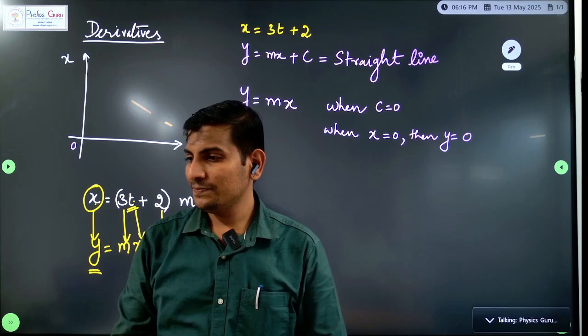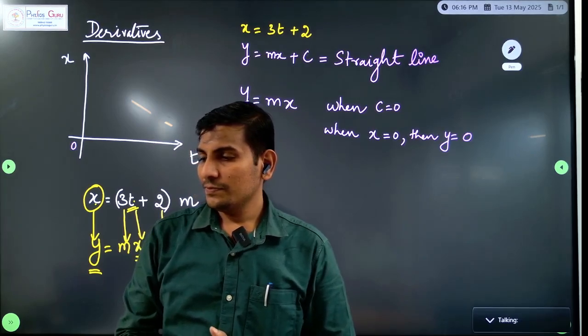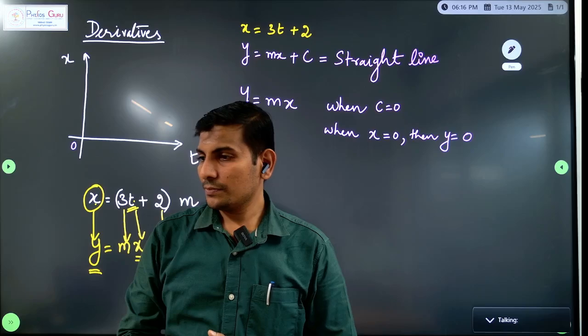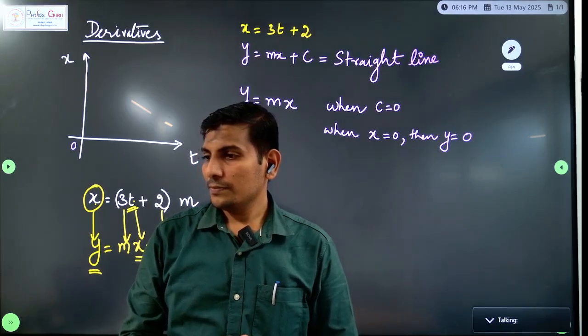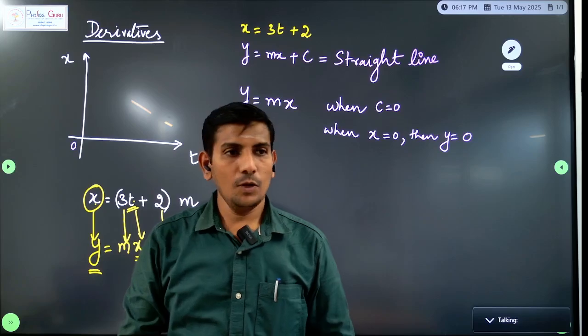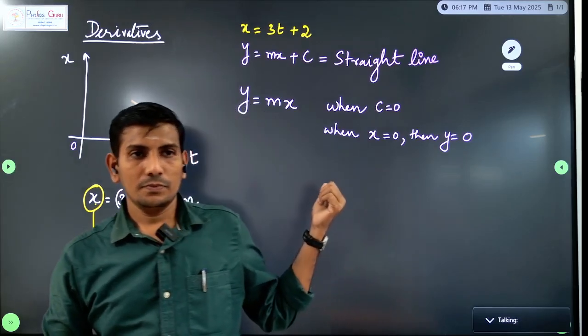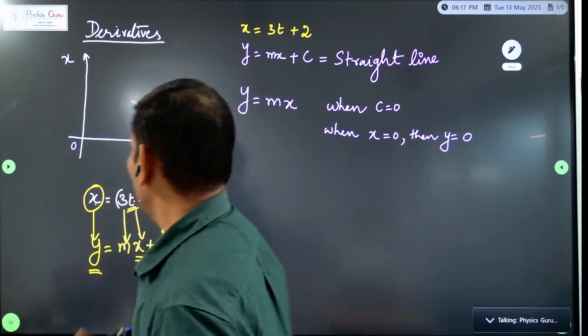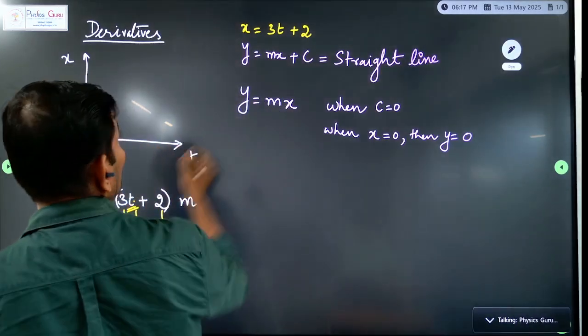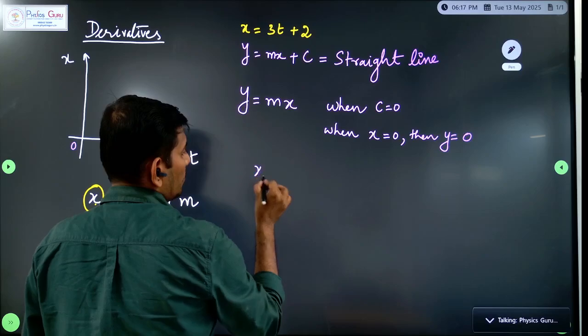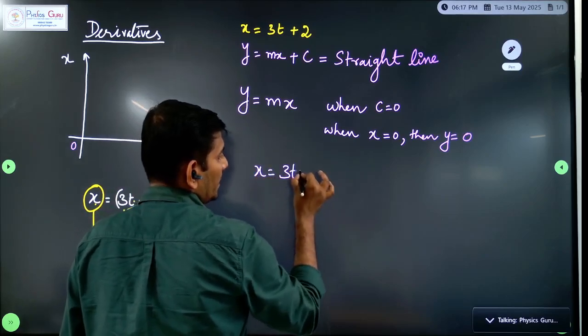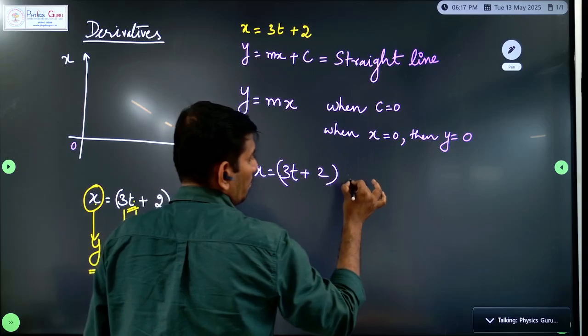Now I know when the t is becoming 0 in this equation. So x is equal to 3t plus 2 meter.